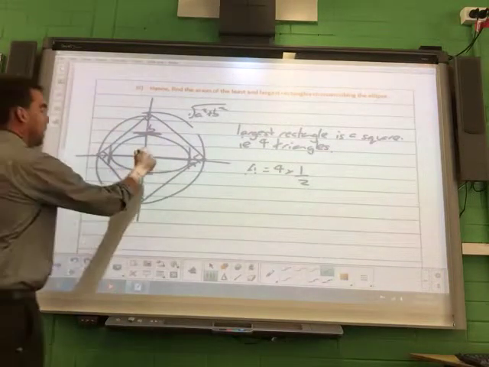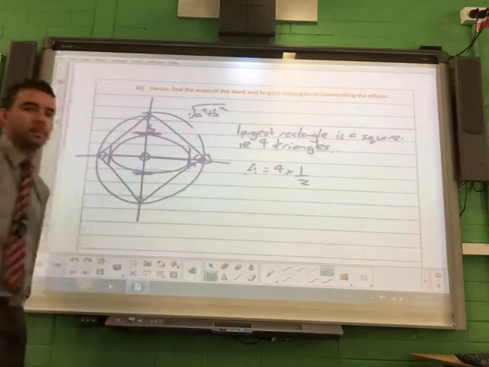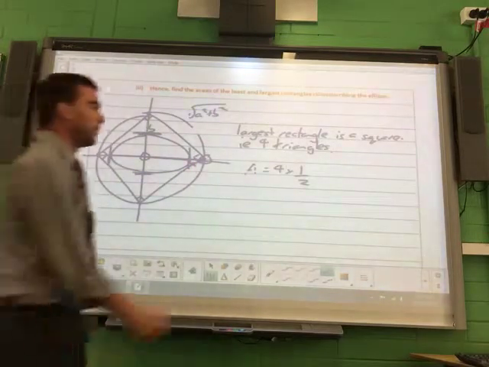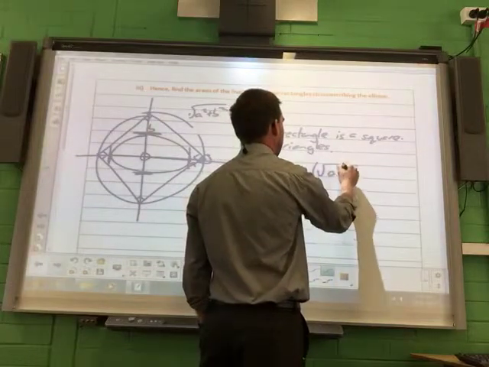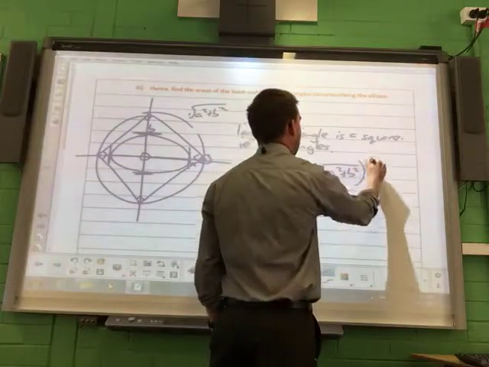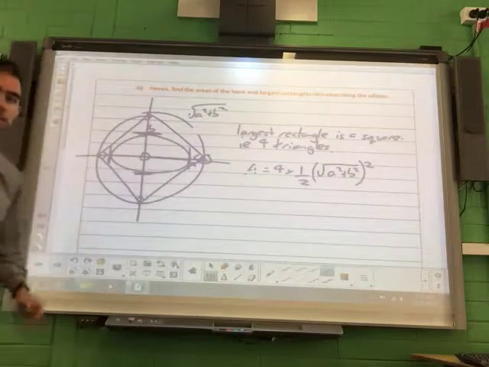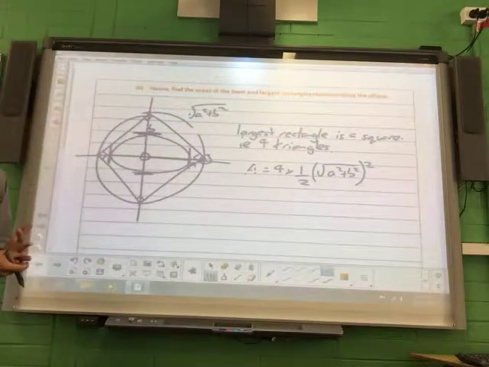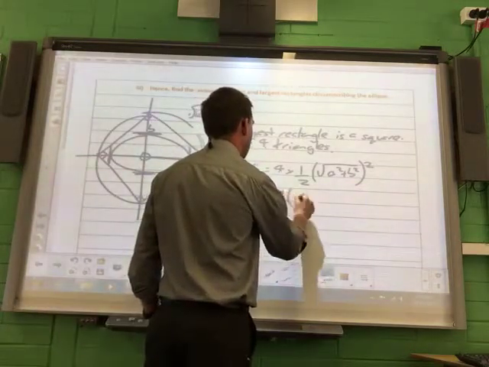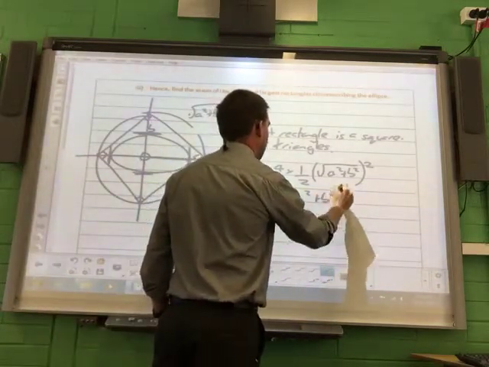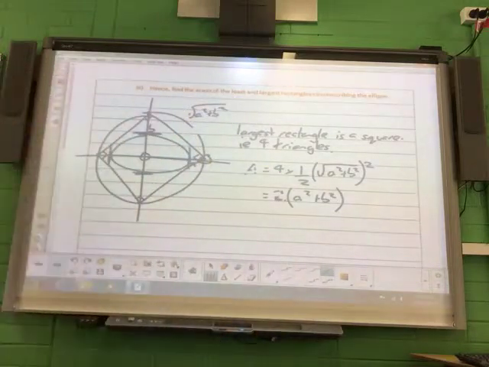So how long is it from here to here? Square root of a squared plus b squared. So half lots of the square root of a squared plus b squared times itself, which is 2 times a squared plus b squared, and that will give you the area of the largest rectangle.